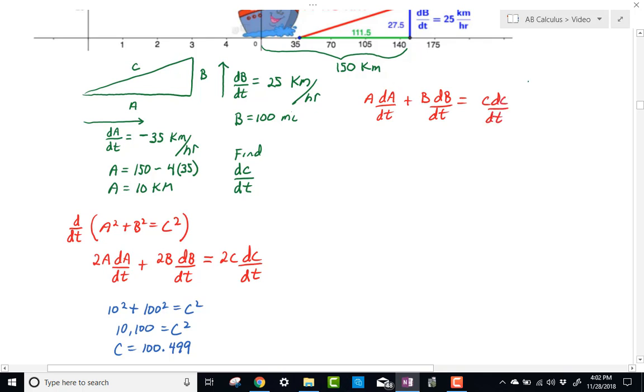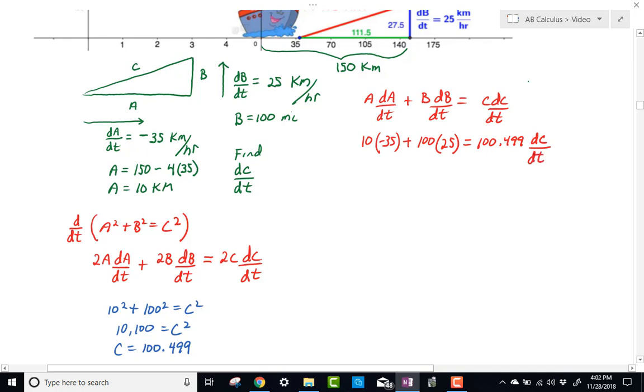Alright, now let's plug in. A was 10 kilometers, times dA/dt, which was negative 35, plus B, which is now 100, times dB/dt, which was 25, and then C, we figured out, was 100.499 times dC/dt.